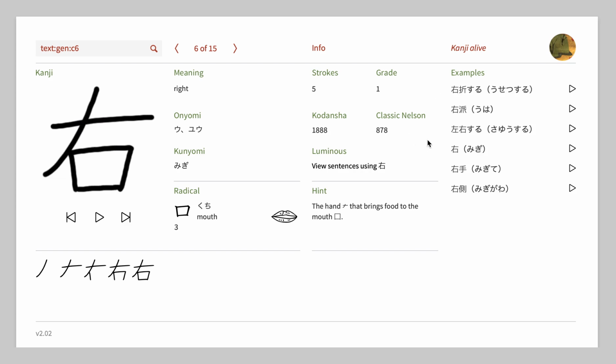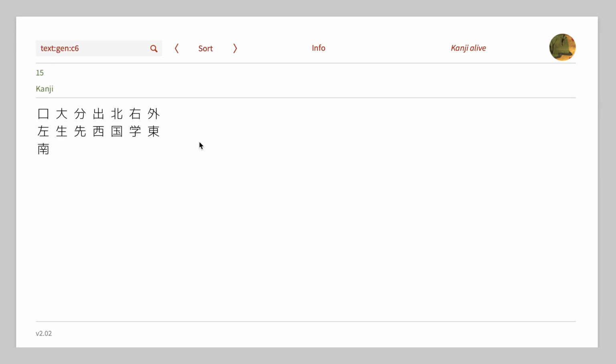Sayu suru, which is the kanji for left and right, means to influence or control, I guess to move to the left or the right. Migi is right. Migite is the right hand side. Migigawa, also the right side, as opposed to the left side, not as opposed to the wrong side.